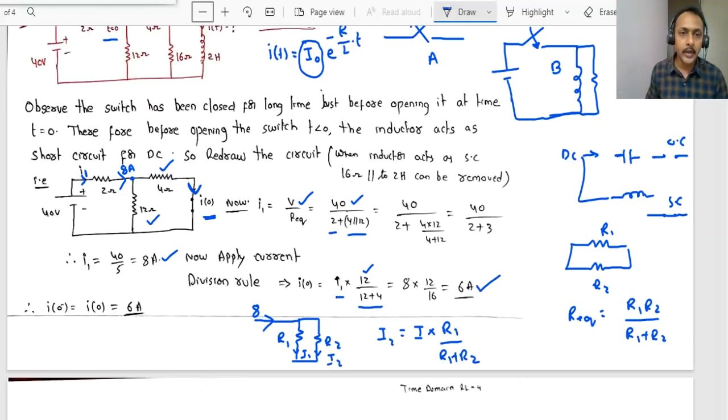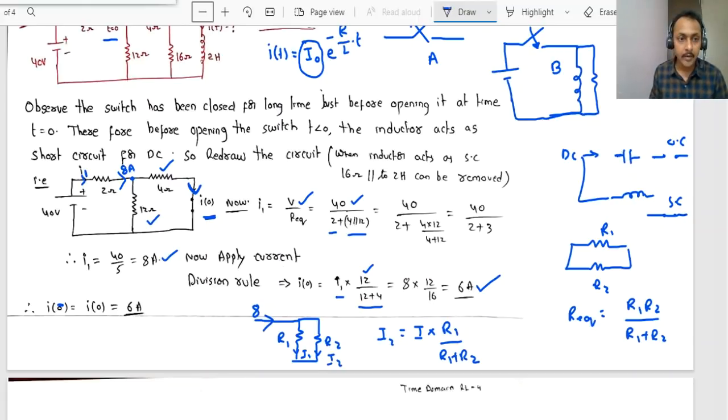Therefore, dear students, the initial current through the inductor just before opening the switch, at 0 minus, does not mean that the time is negative. The inductor does not allow sudden changes in current. That is the reason whatever current is flowing just before opening will exist immediately after opening also.